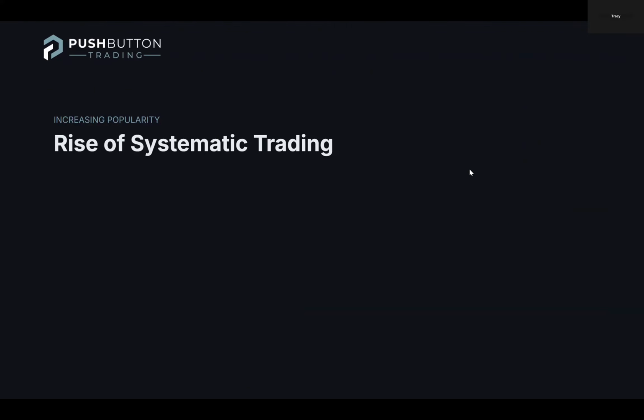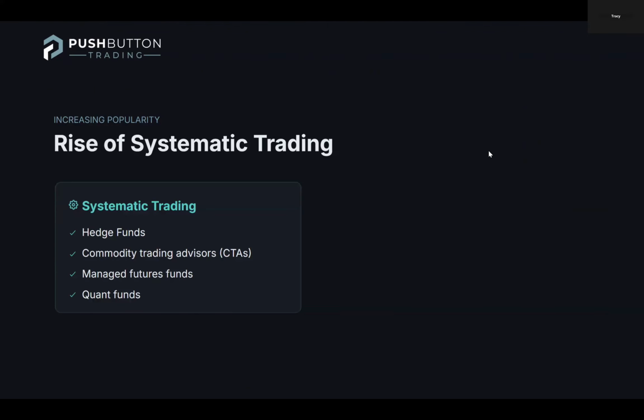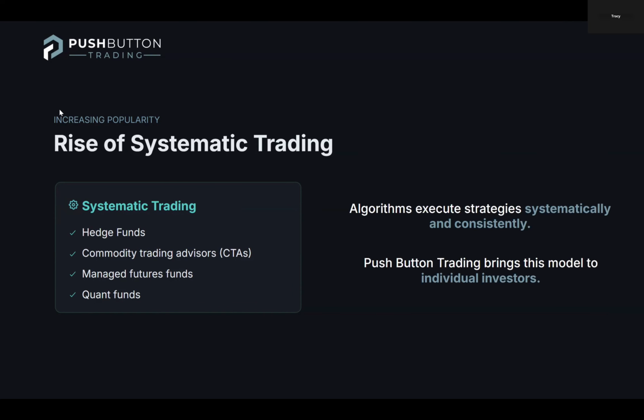Now you've probably noticed in the news that systematic trading has become significantly more profitable since COVID. It's used by lots of big funds, commodity traders, futures. At the end of the day, the technology executes the strategies systematically and consistently. That's the problem this technology can solve. It cannot guarantee outcomes.